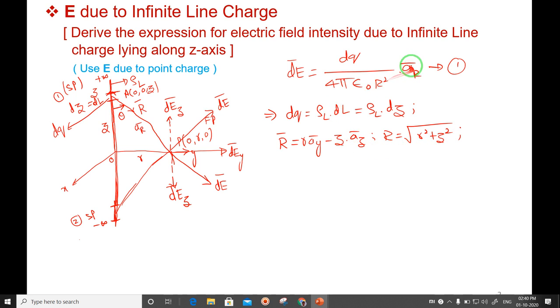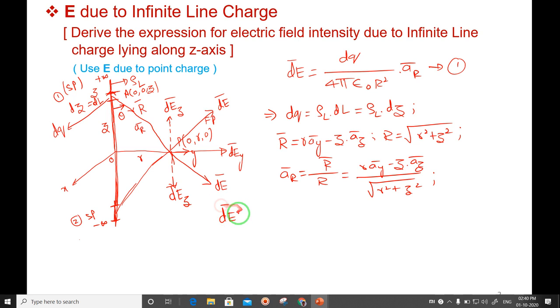So r we have found out. What is ar? We know the unit vector is the vector r divided by its magnitude, right? The vector r is r into ay minus z into az, divided by the magnitude, the square root of r square plus z square. Is it fine? Yes. Then we'll substitute dq, r and ar in equation 1 and rewrite the equation.